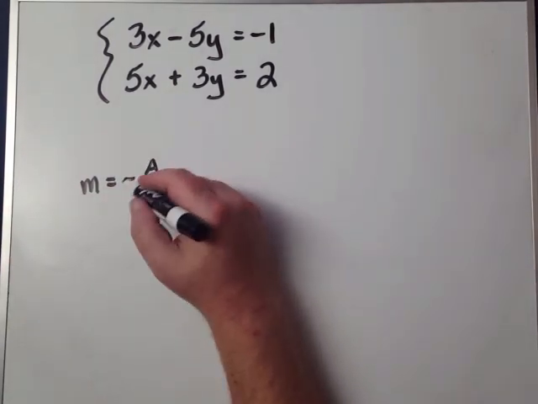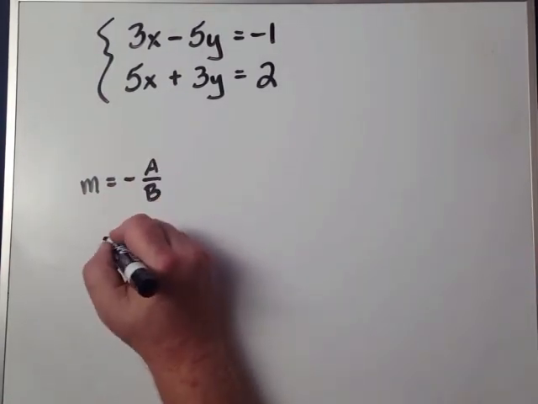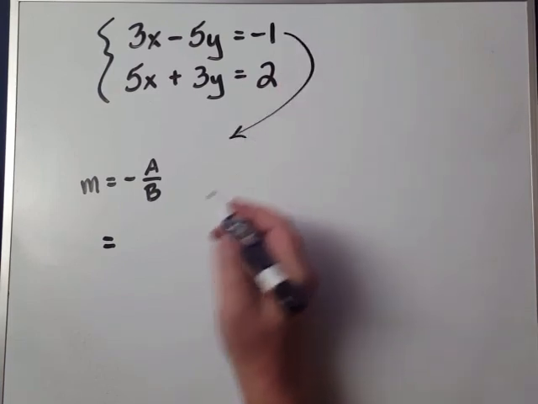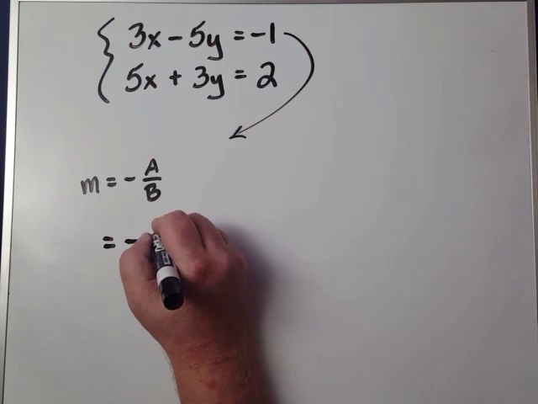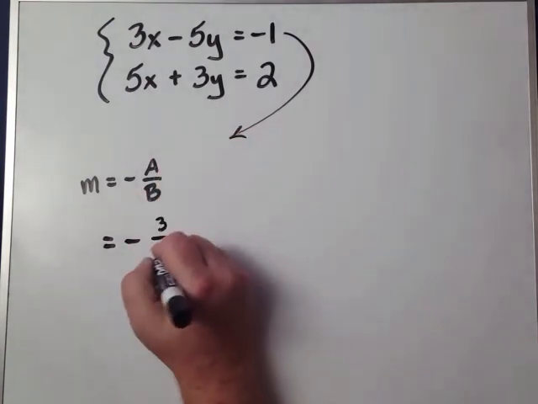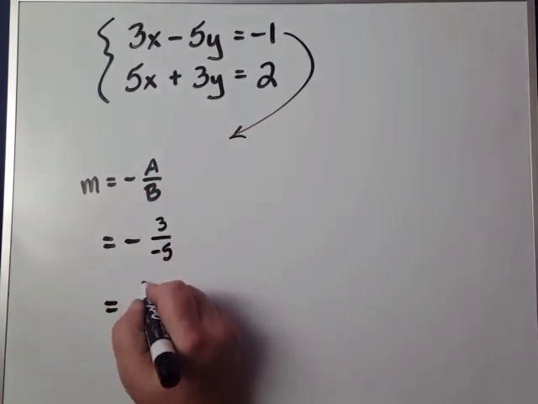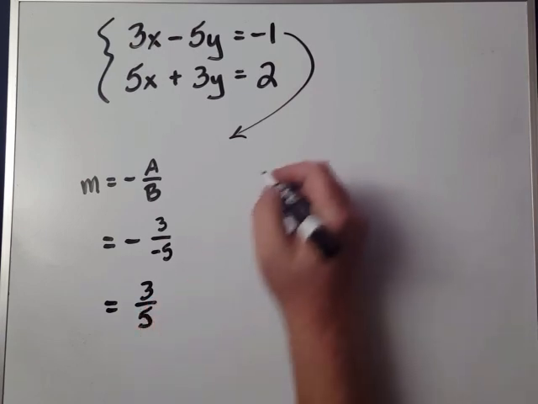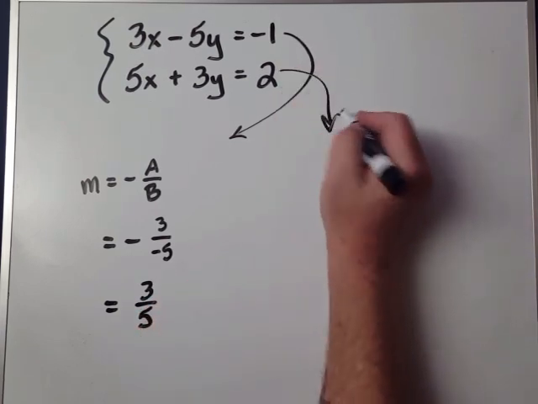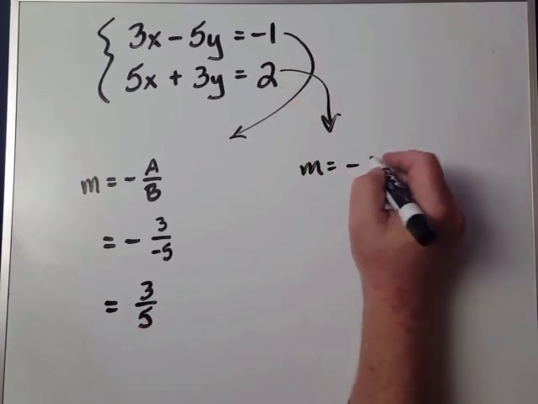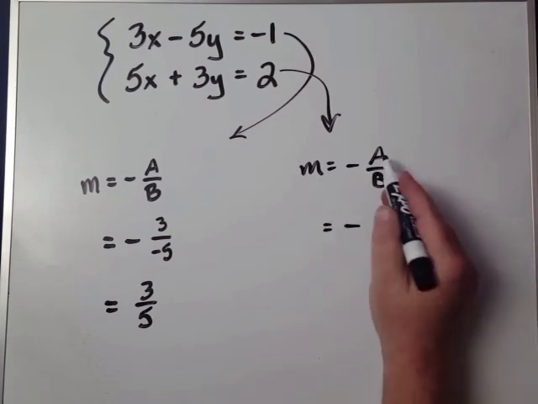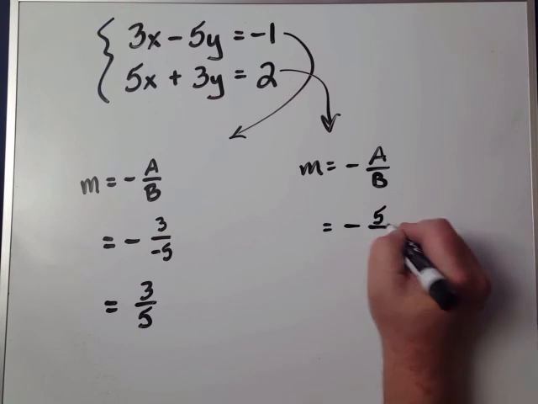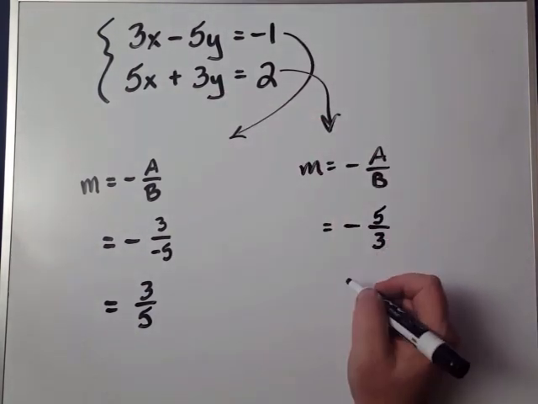I said I'm going to use negative a over b. So my first equation is going to give me a slope of negative, A is 3, B is negative 5. That's positive 3/5. My second equation, using negative a over b, that's going to be a negative, A is 5, B is 3.